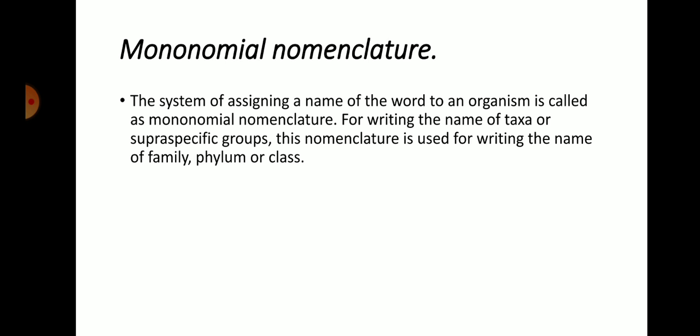This nomenclature is used for writing the names of taxa or supra-specific groups, such as family, phylum, or classes. It just tells us what kind of taxa the organism belongs to.